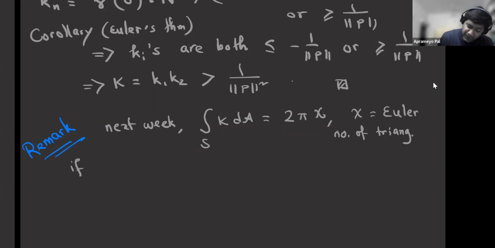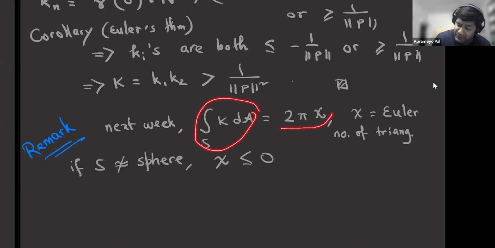So if S is not homeomorphic to a sphere, then this chi, the Euler number, is non-negative. So essentially the whole integral is non-negative, because 2 pi times chi is non-negative.